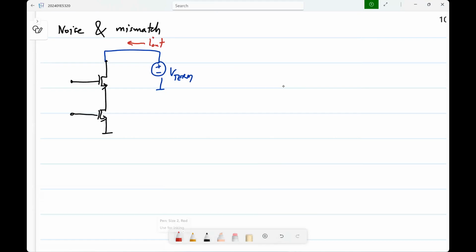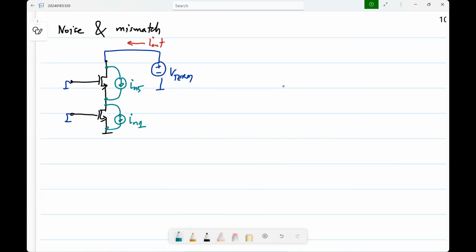Now, for the incremental picture, this can be considered ground, and then both noise and mismatch can be represented by current sources in parallel with the transistor.